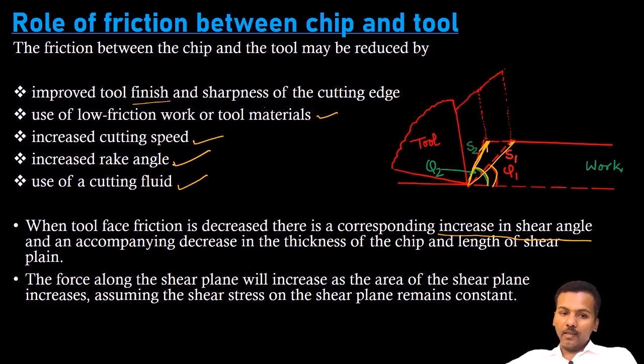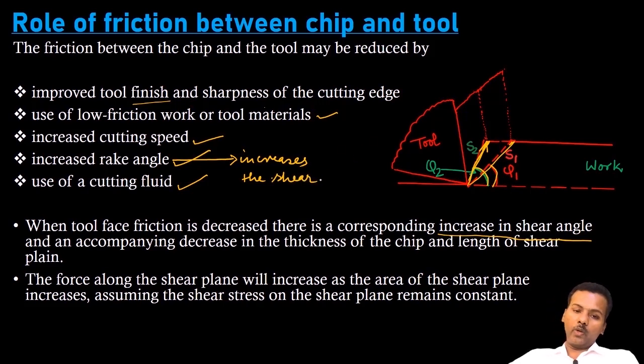So the higher rake angle reduces the friction. We can say that increasing the rake angle basically increases the shear angle, and when the shear angle increases, there is an easier cutting operation going on.